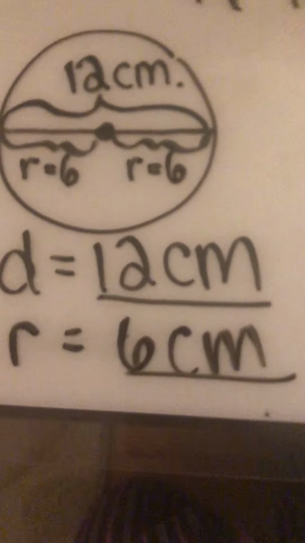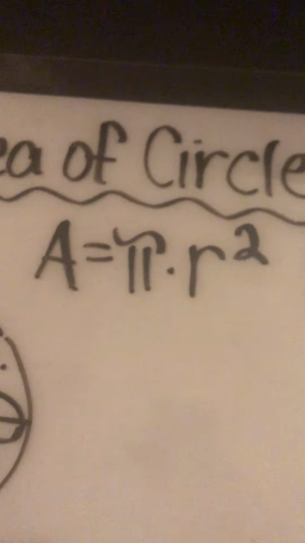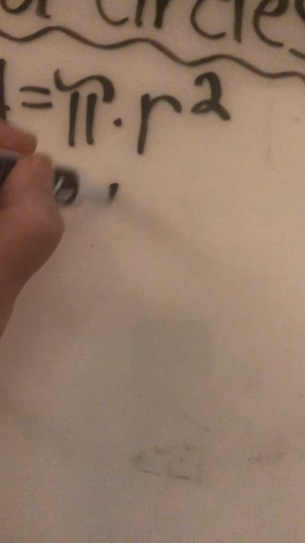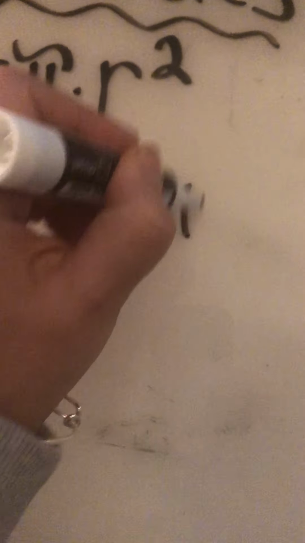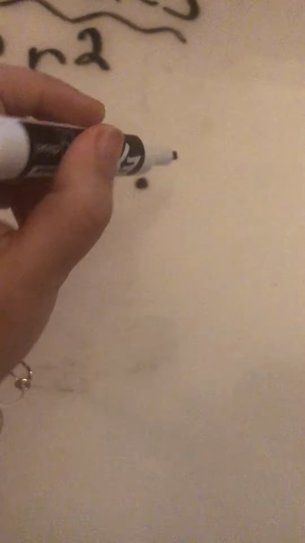Okay, so now that we have our radius, now we can find the area of this particular circle because our formula needs radius. So I'm going to plug in my value. A equals pi times, we're going to use the radius, so 6 squared.